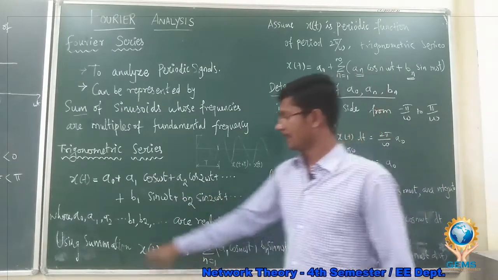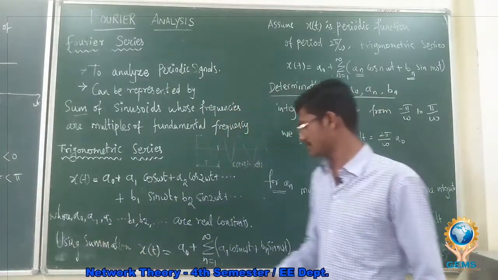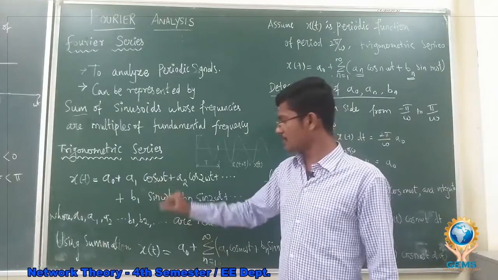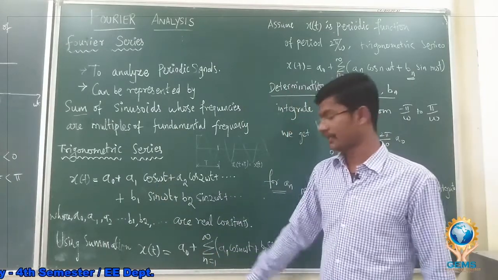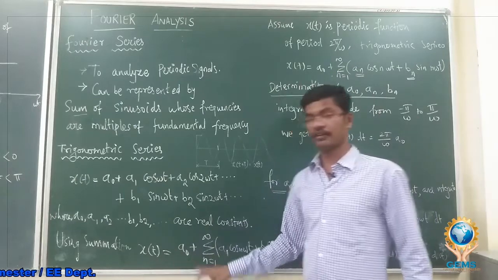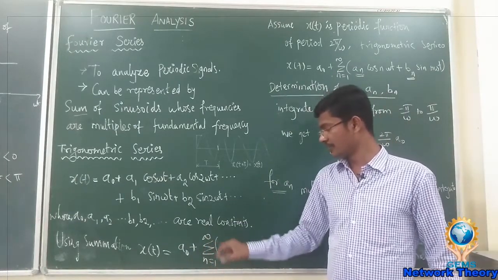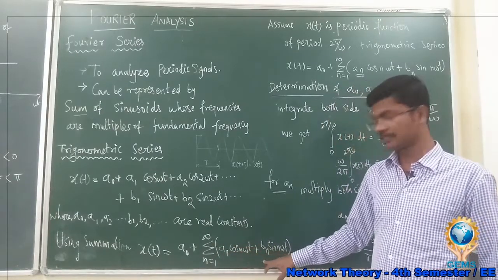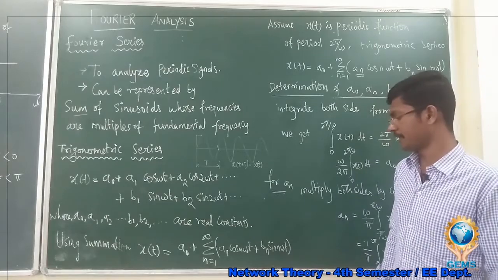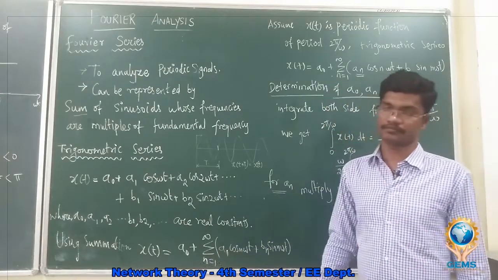In this, a0, a1, a2, b1, b2 are constants. If we use the summation, we can write this equation like this: x of t equal to a0 plus summation of n equal to 1 to infinity of an cos n omega t plus bn sin n omega t. So like that we can write this series.